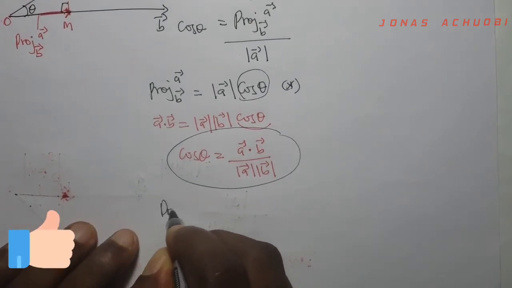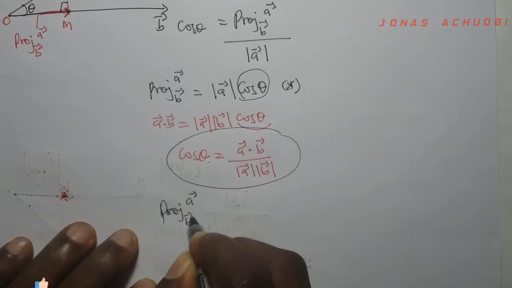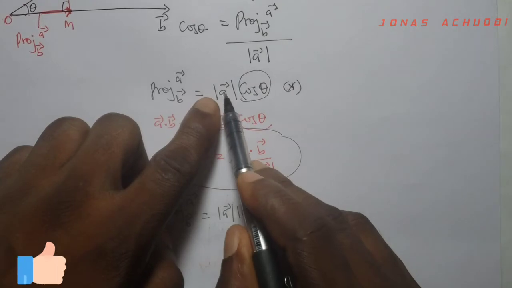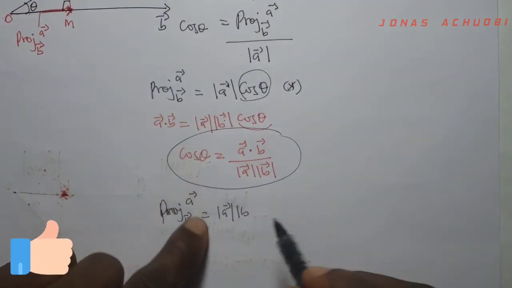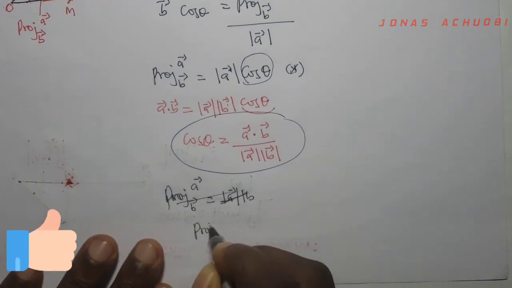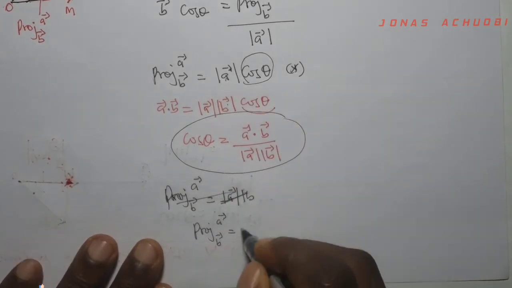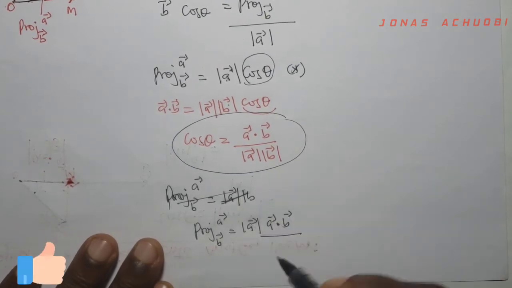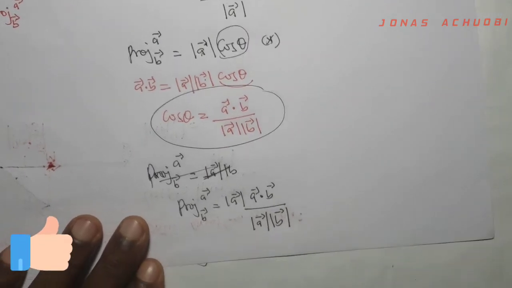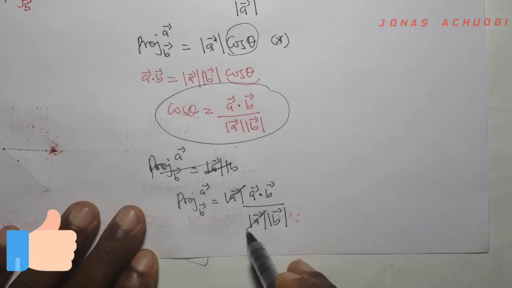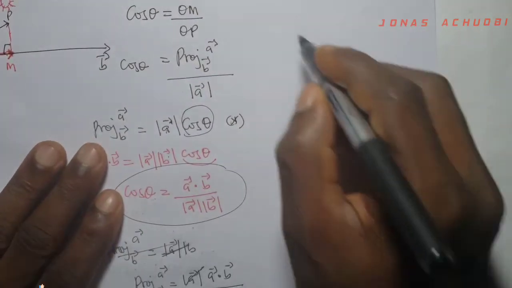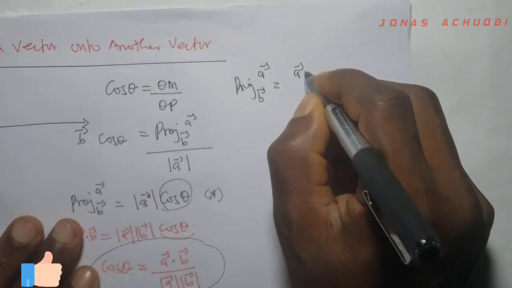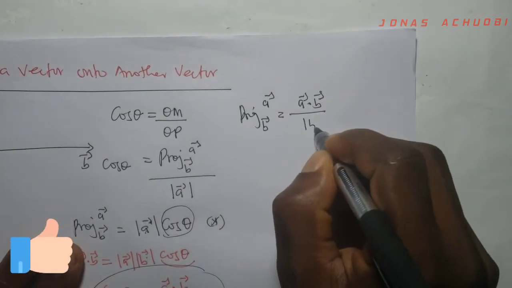The projection of vector A onto vector B is equal to the length of vector A times cosine theta, which is now the dot product of A and B divided by the length of vector A times the length of vector B. So obviously the length of vector A and the length of vector A here will cancel out, so that the projection of vector A onto vector B is equal to the dot product A dot B divided by the length of vector B.